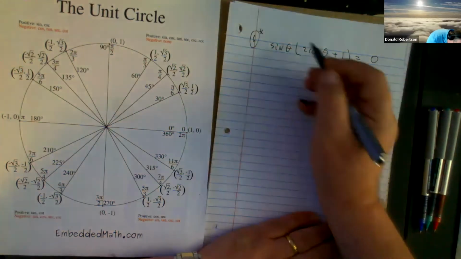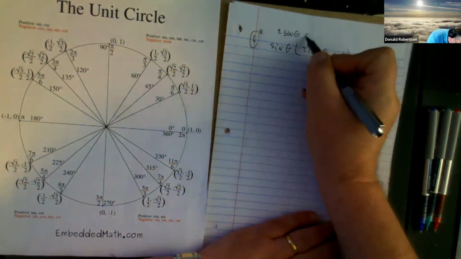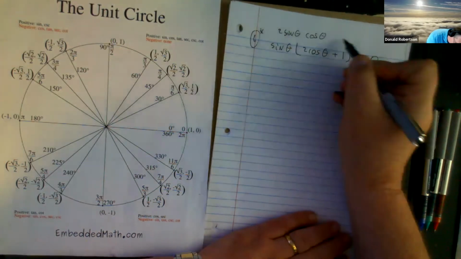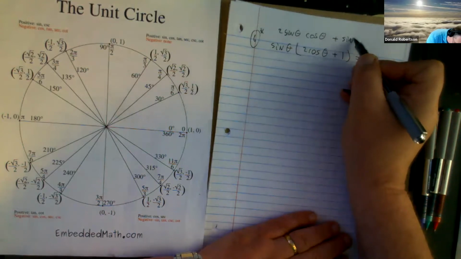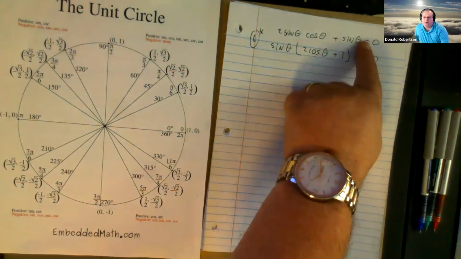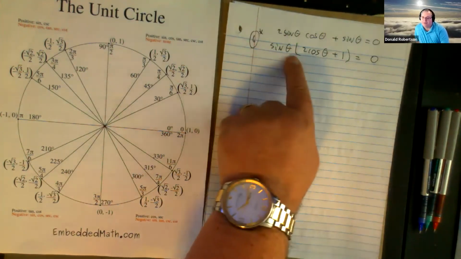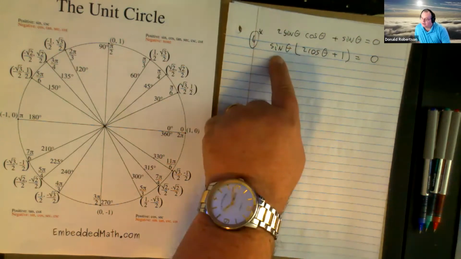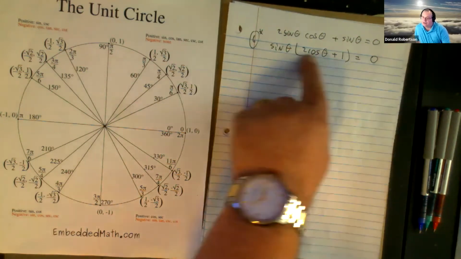If they hadn't factored it for me, the question might have looked like this. And if the question started life as this, wouldn't you pull out a common factor and make it that guy anyway, right? Right, take out a common factor of sine theta, and this is what you get.